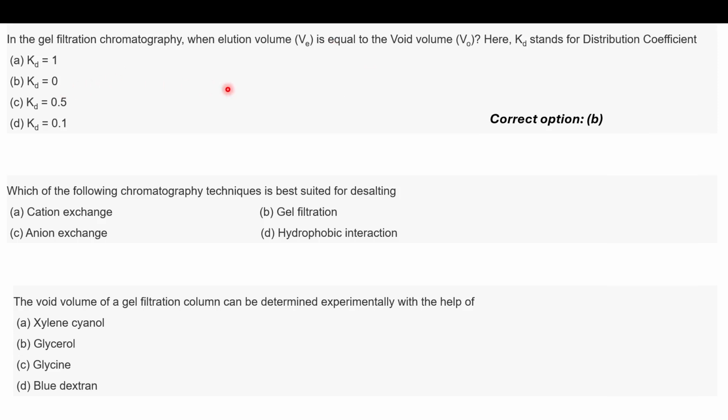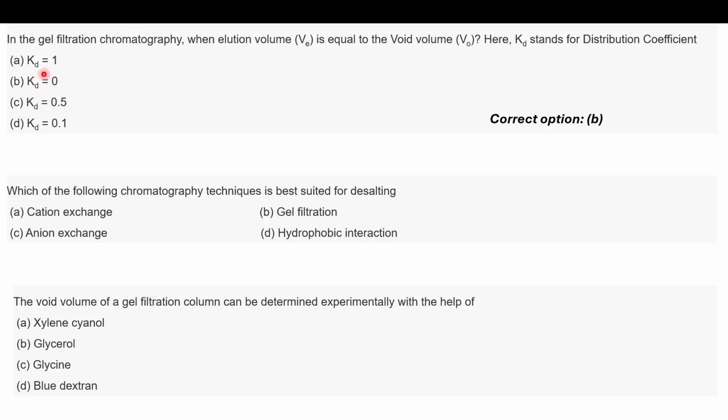Or if we conceptually think about it, whatever is eluting out is eluting in the void volume. What elutes in the void volume are the larger particles, which are not able to enter the matrix pores. So if something is eluting in the void volume, there hasn't been any interaction with the porous matrix, so there won't be any distribution or partition on the matrix for the molecules.